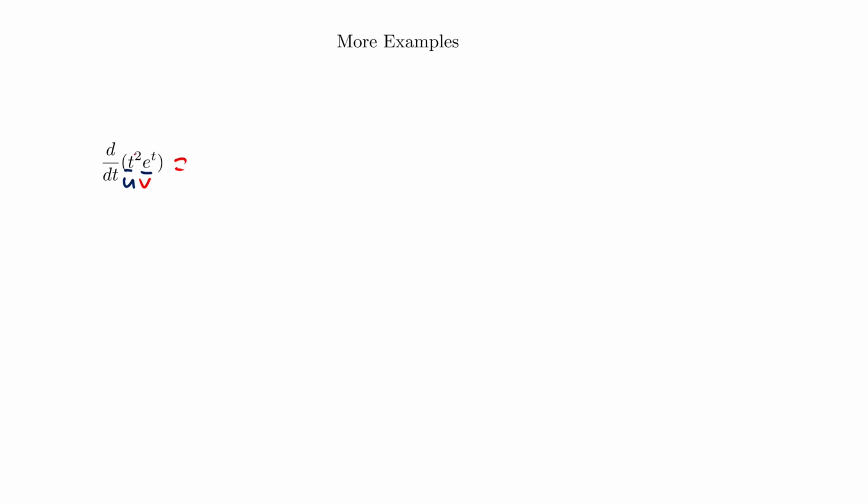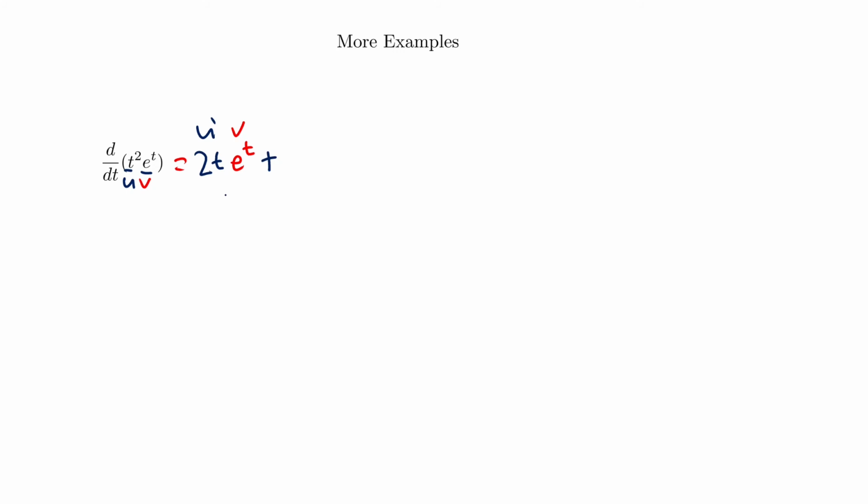So in this particular example, I'm going to take the derivative of u first. And if we do that, we're going to get 2t. And then we're going to take the derivative of e to the t, which is just e to the power of t. So this leaves us with v and u prime.